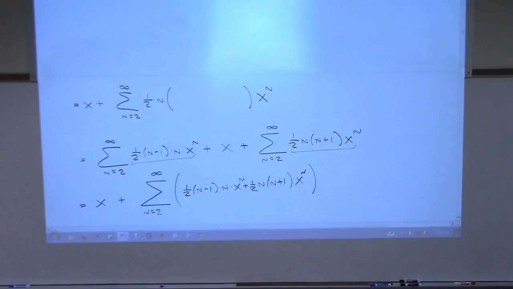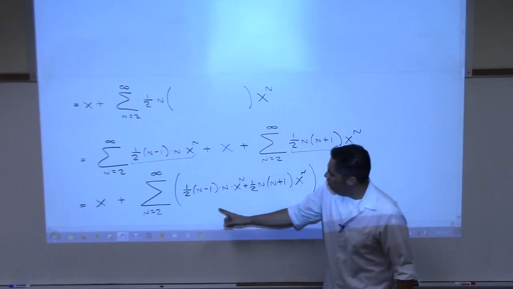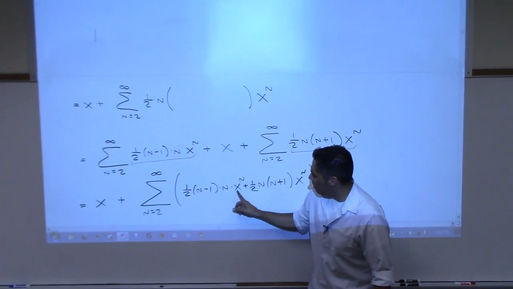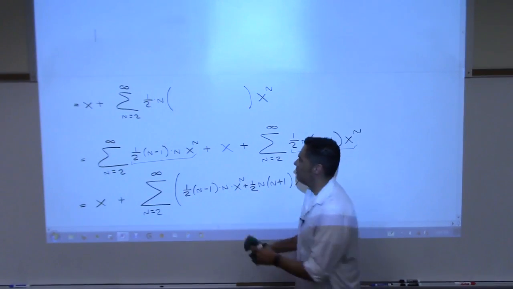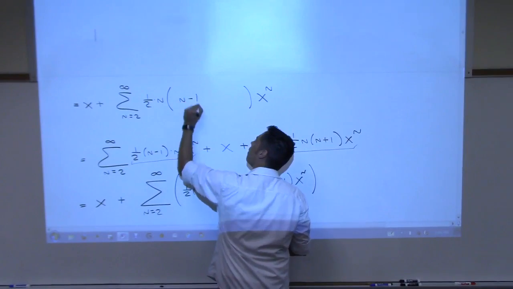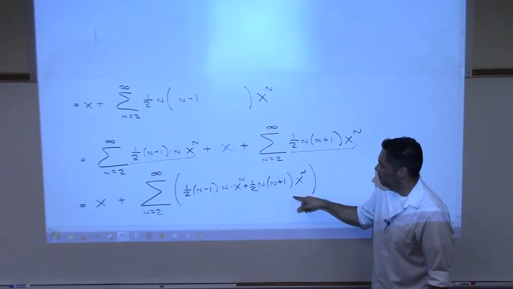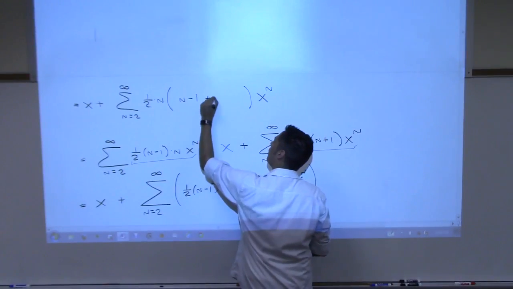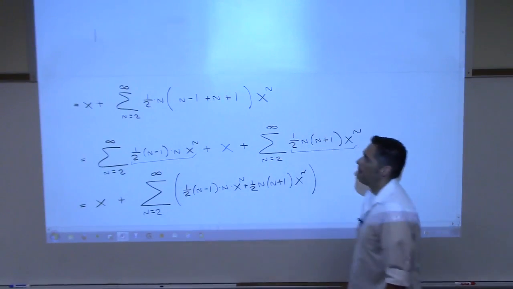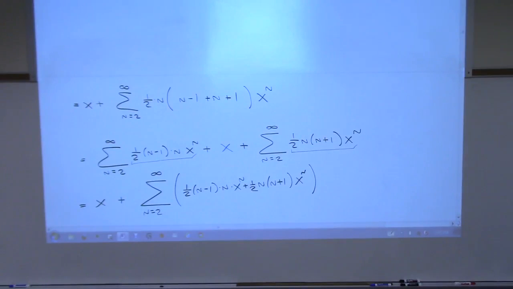Now what would still be in here if I pull a 1/2 n x to the n out of this first term? And minus 1 is still there. And then what would happen if I pull a 1/2 n x to the n out of this one? And plus n plus 1. And the 1's cancel, and you just get 2n in there, right?